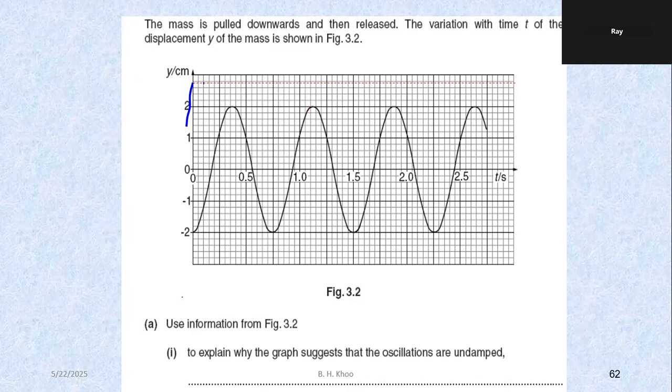Use the information in 3.2 to explain why the graph suggests the oscillation is undamped. Why does the graph suggest that the oscillation is undamped? Constant amplitude, good. Amplitude of oscillation is constant.